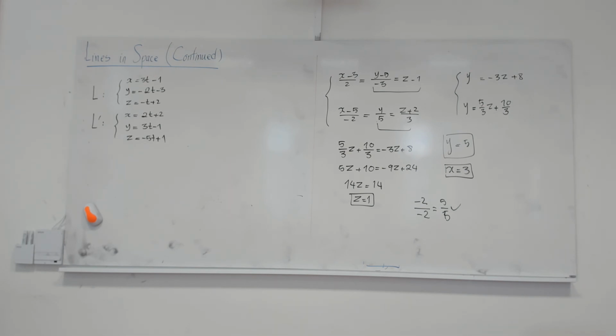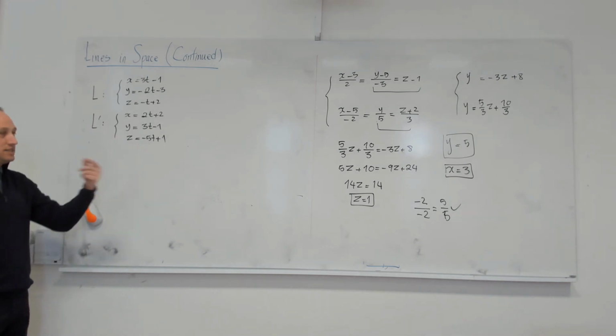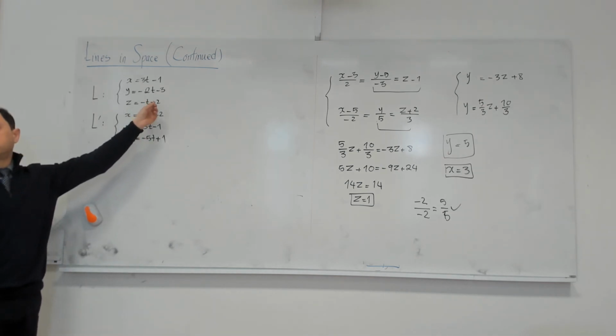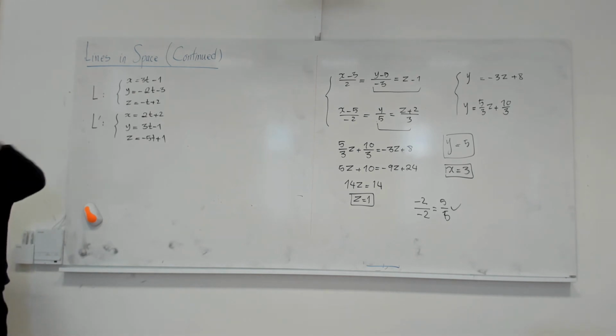The wrong thing about writing these two equations in this form is that when I write t for the parameter of L prime and write the same t for the parameter of L, this is not legal. It means that if I choose t equal to 0 for this, then t is also 0 for that, but there is no guarantee, as t is a free parameter.